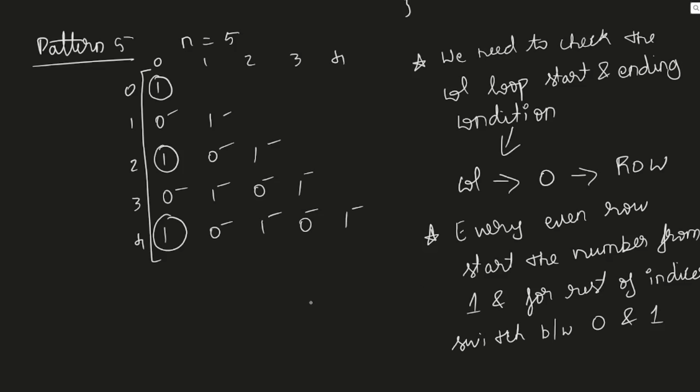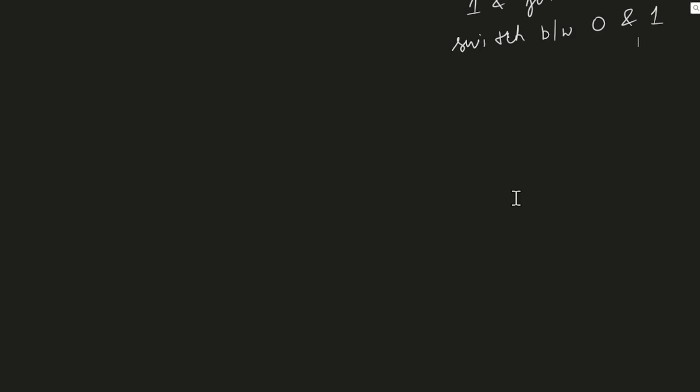Let me just write down an algorithm for this now. Algorithm. To switch between the numbers 0 and 1, we need a dummy variable of integer type which is defaulted to 1.